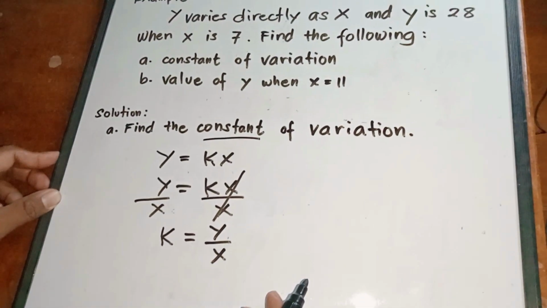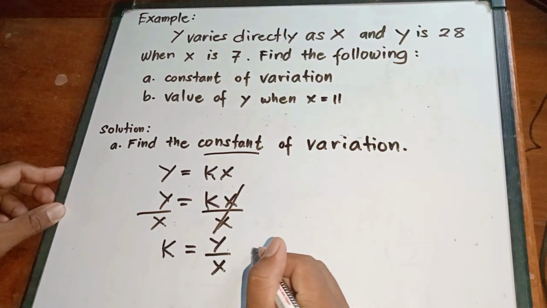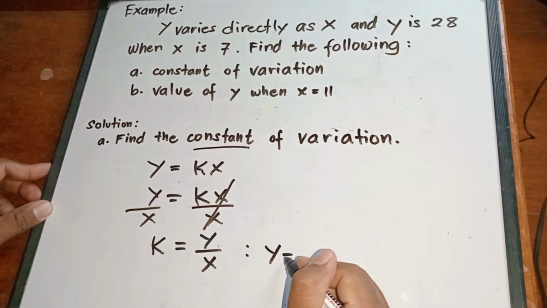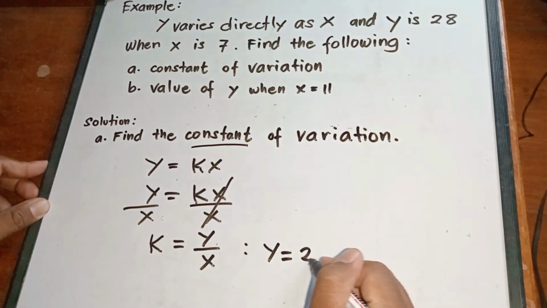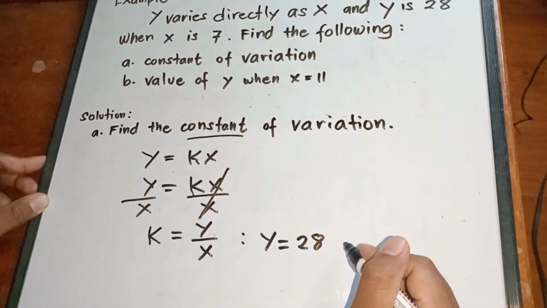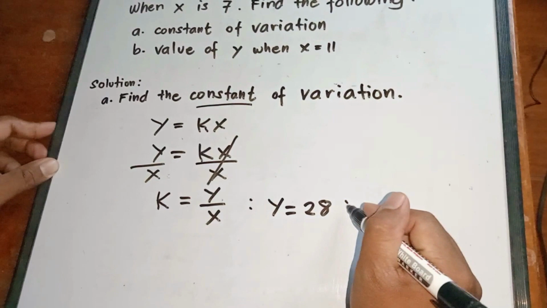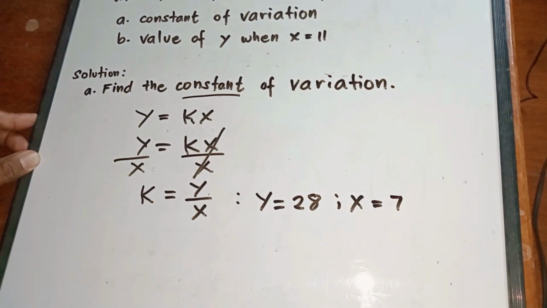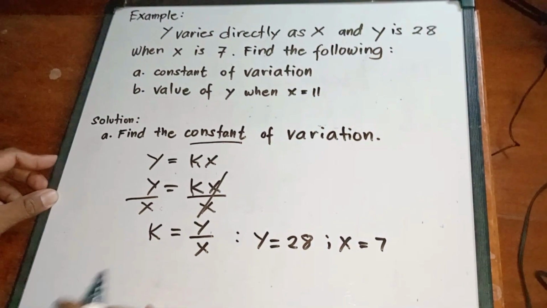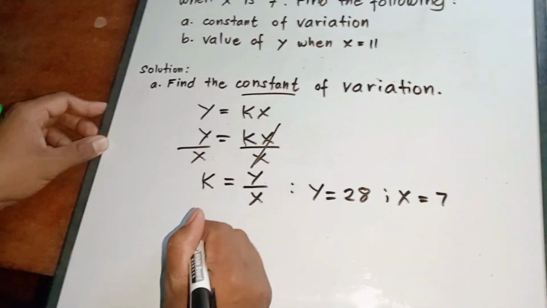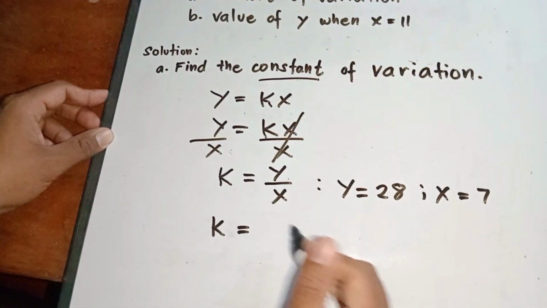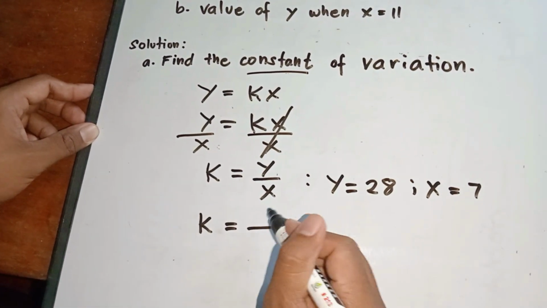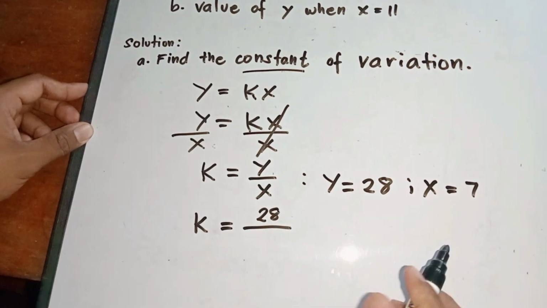So, by substitution, sabi kanina, yung value ng y equals 28, and then when x equals 7. So, ngayon, by substitution, write natin dito. So, we have k equals, palitan natin yung value ng y, which is 28.